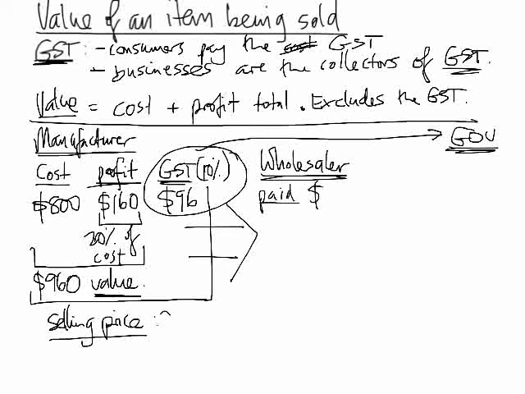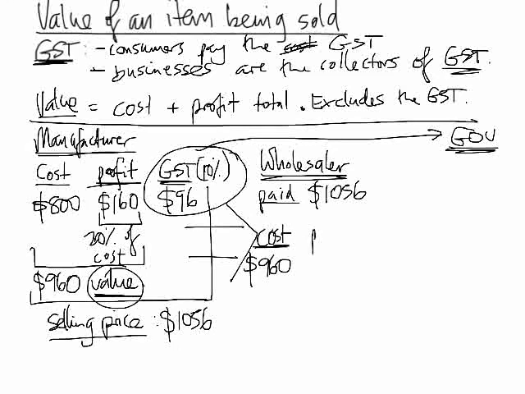Selling price was $10.56 in total. That's including the GST. So they paid $10.56 in total, but they see the value of the item as being $960. So they consider their cost as actually being $960, which was the value of it before, and then they work out their profit on that.